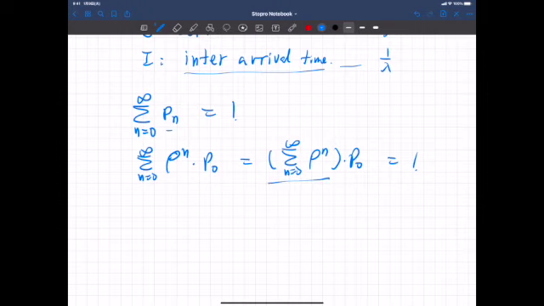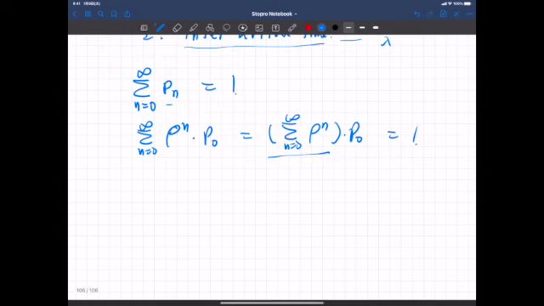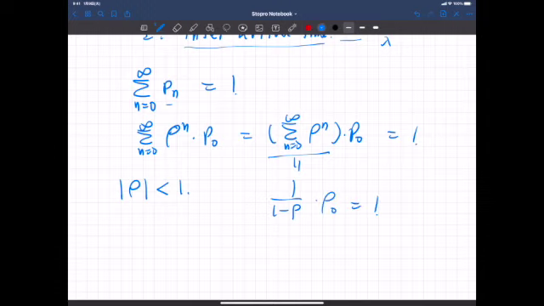Then what is this? This series converges if the absolute value of rho is less than 1. So in this case, this summation is equal to 1 over 1 minus rho, times P0. So that's not rho, it's P. And P0 should be what? 1 minus rho.